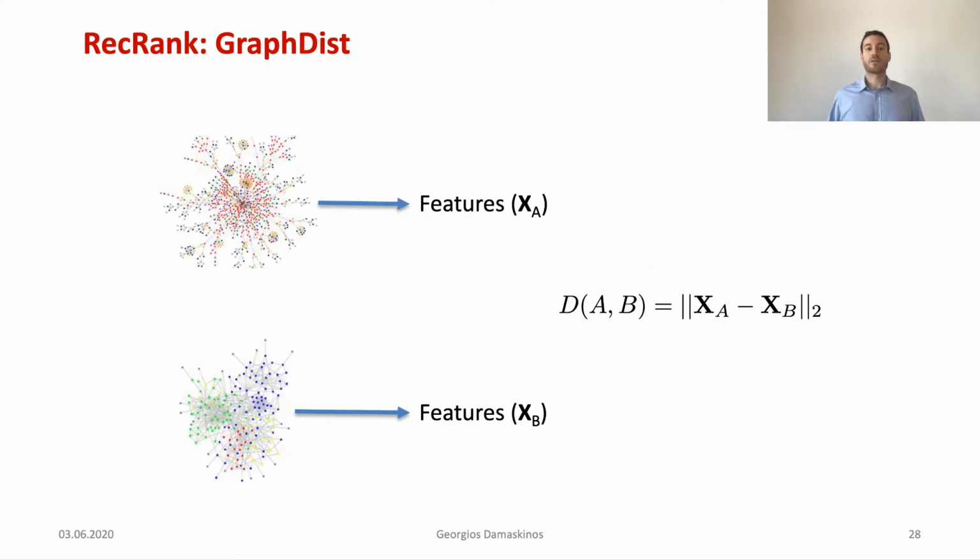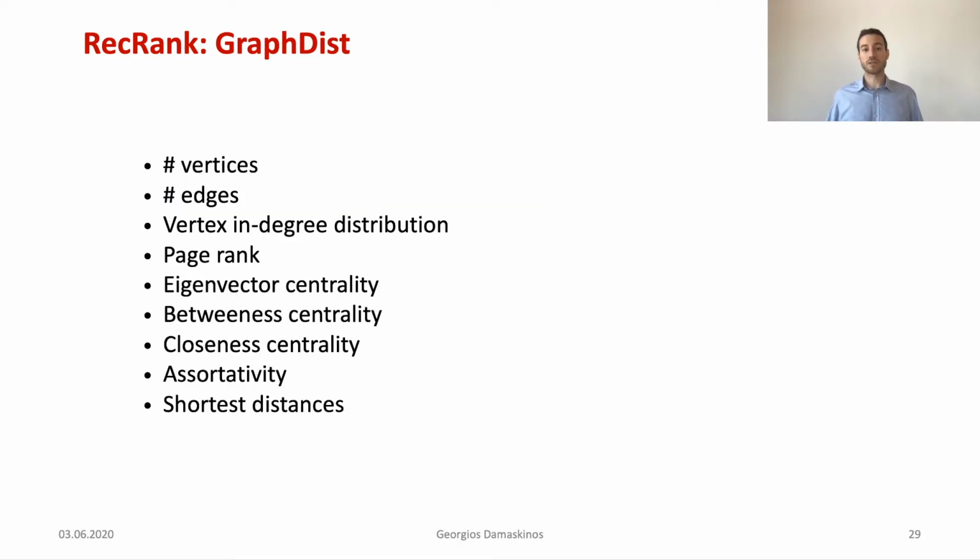Now, for the second method we propose, namely GraphDist, we take this created graph and we extract some features. The final distance is the L2 norm of the difference of these feature vectors. GraphDist employs a set of features that reflect different properties of the recommender system and are popular metrics for graphs.